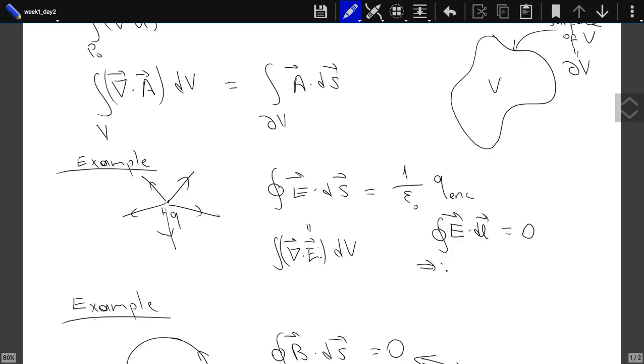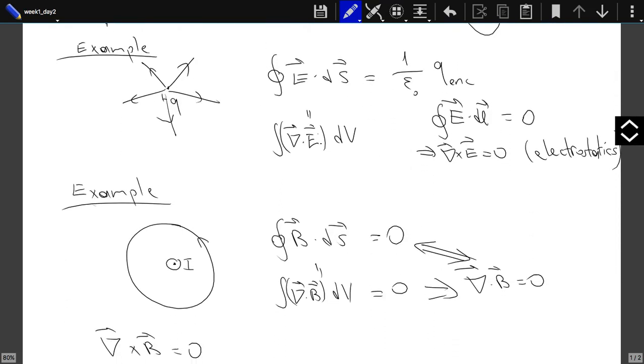Which tells me that the curl of E is equal to 0 in electrostatics. Because in electrostatics, we know that, at least for a point charge, the electric field lines are radially outward. They are diverging from that point. They are going away from that point. And they are not rotating around that point.